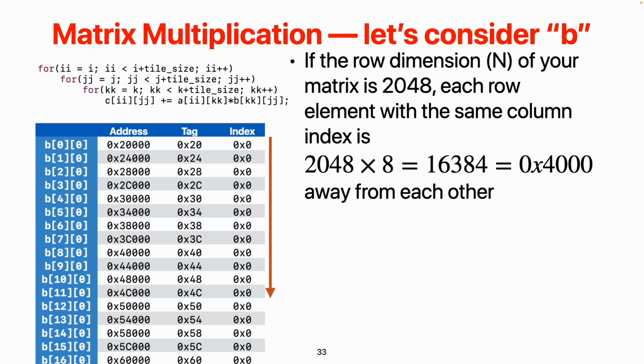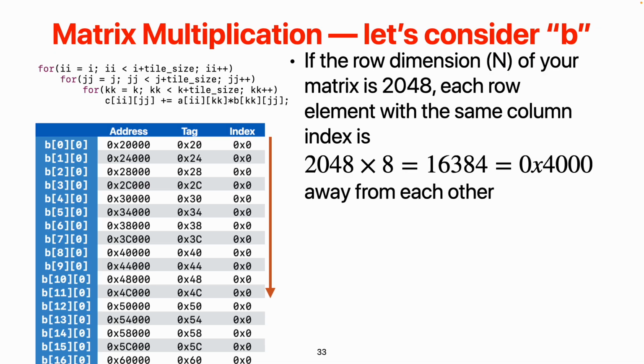Now, let's talk about B. For B, we are doing the traversal order of a column. If you look at a column, because we have 2K elements in a row and we said we are storing data consecutively, you can assume that for each column, the addresses in different row indexes must be this amount apart from each other.